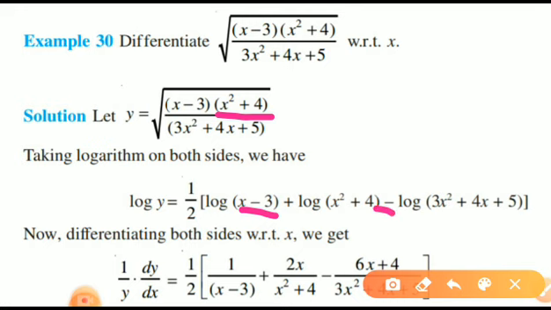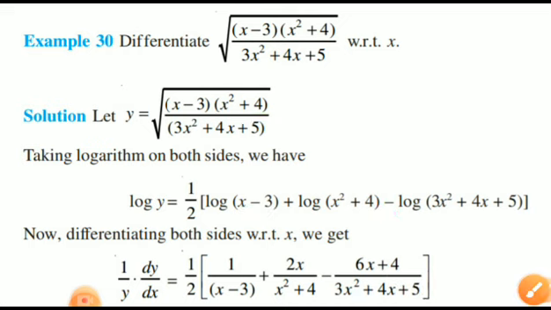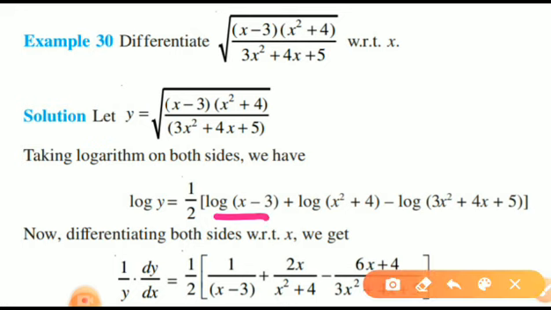So minus log of 3x square plus 4x plus 5. Then differentiating with respect to x, we get 1 by 2 on the right hand side. The derivative of log x is 1 by x, so here it is 1 by x minus 3 into the derivative of x minus 3, which is 1 itself, so nothing to write.